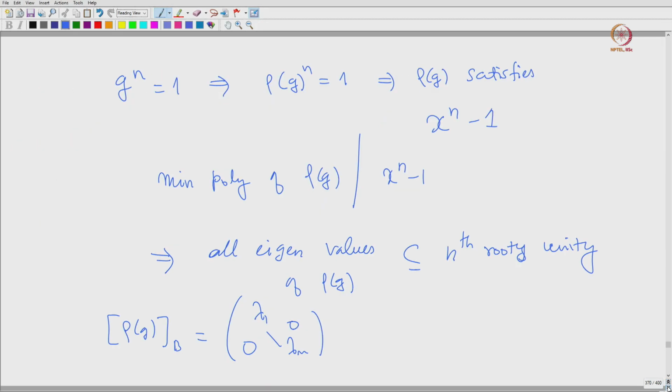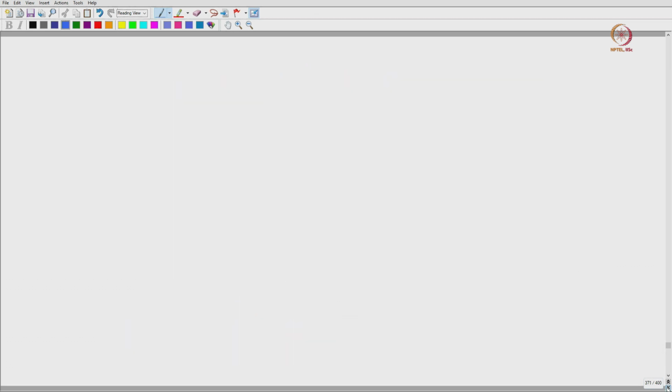Now since all these lambda i's are nth roots of unity, chi of g, which is the sum lambda 1 plus and so on up to lambda m, must be an algebraic integer, because all nth roots of unity are algebraic integers. Since the set of algebraic integers forms a subring, the sum is also an algebraic integer.